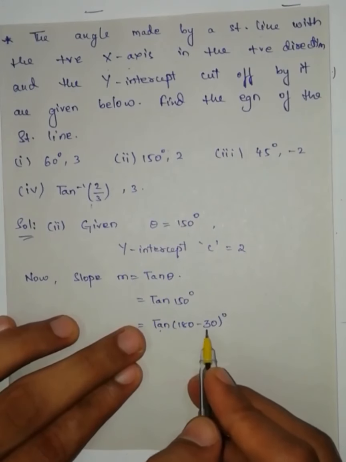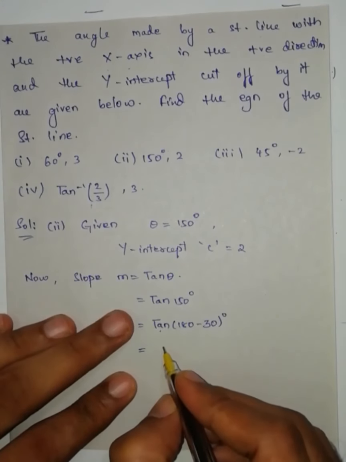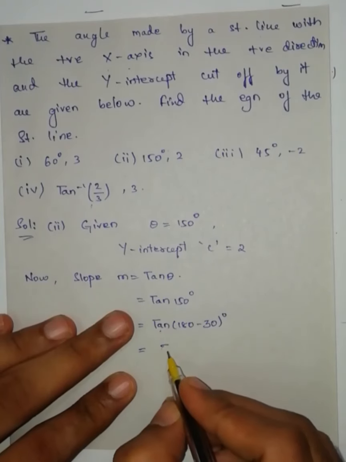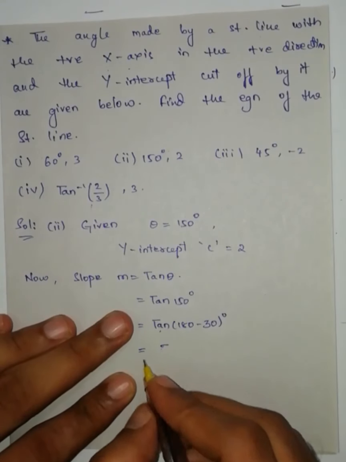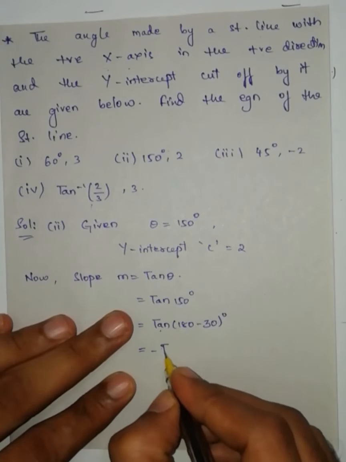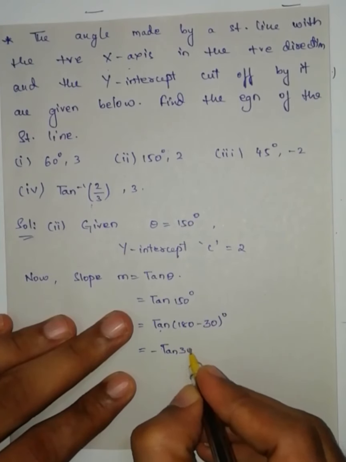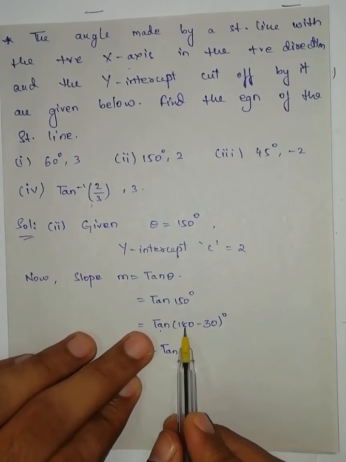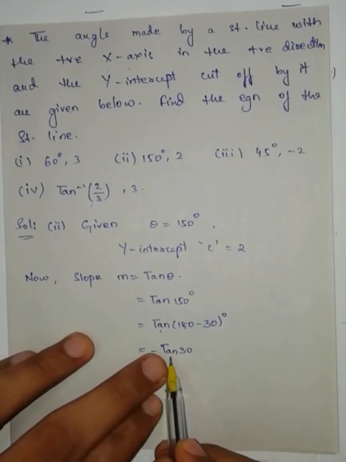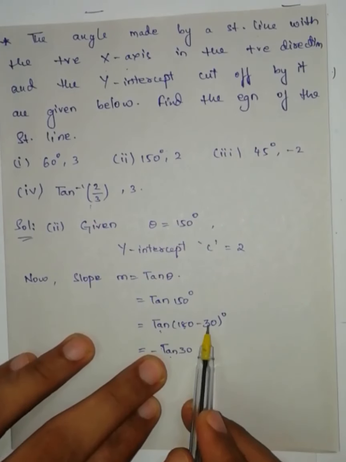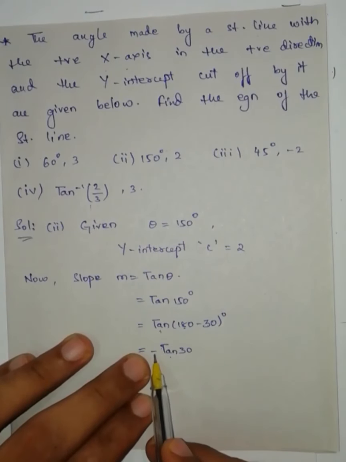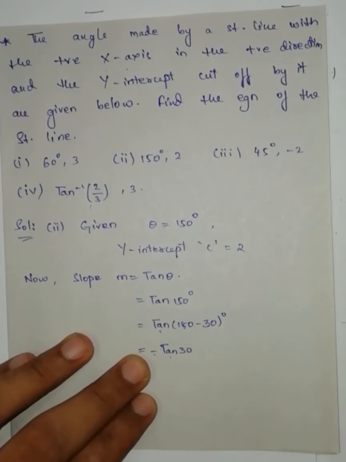Tan(180 minus theta) is minus tan theta, because since it is 180, tan will remain tan, but in the second quadrant tan is negative, so I am writing negative here. In the second quadrant tan is always negative. Therefore tan(180 minus theta) is minus tan theta.